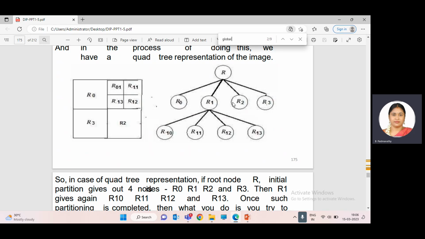The condition depends on what you fix. Suppose I fix my true condition as merging, and if the condition is true, then the images will be merged. Suppose the condition is false, then the images will be split and it moves to the stop condition.